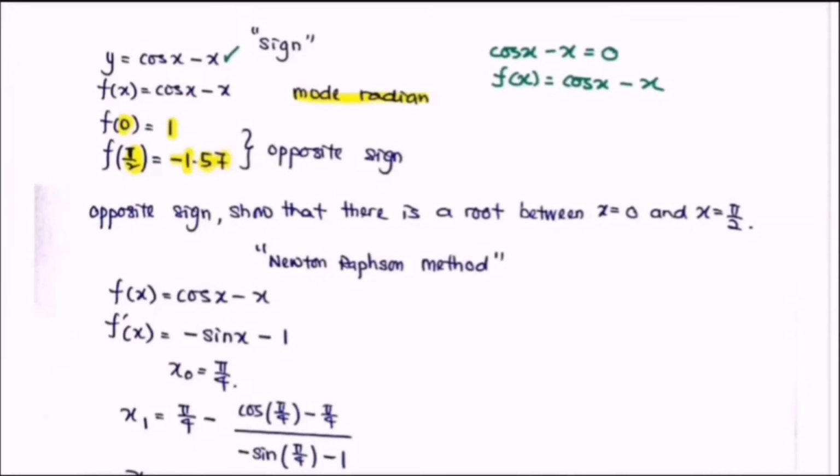So we can see that opposite sign show that there is a root in between x equals to 0 and x equals to pi over 2. So here we have another method to find the roots of the equation. Or we can say approximate or estimate the root for the equation. So the third method will be the Newton-Raphson method.